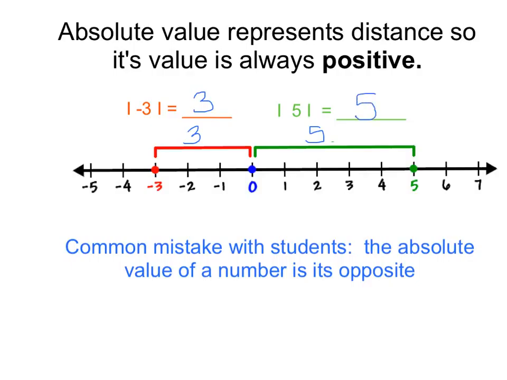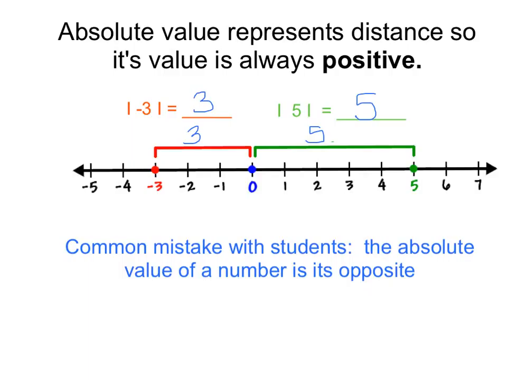So you can see that the absolute value of -3 was 3. The absolute value of 5 is 5. These are examples to show you that no matter what number we're finding the absolute value of, that value is going to be positive because we're talking about distance and we can't really have a negative distance.